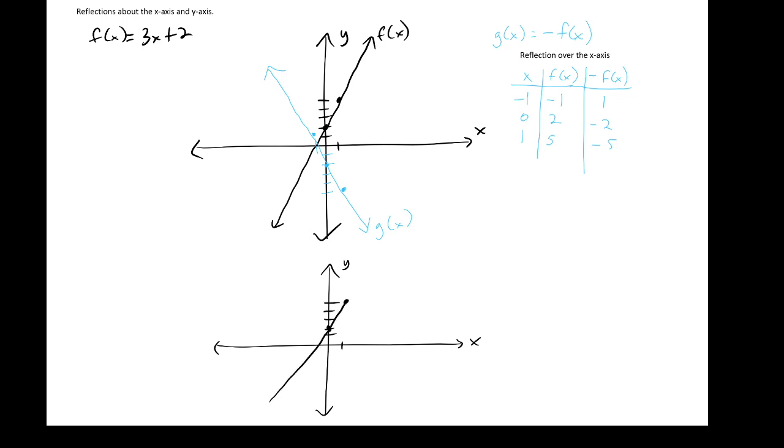This is my f of x, same equation. But this time, again, in purple, this is going to be my h of x, which my reflection is going to be the f of the negative x.